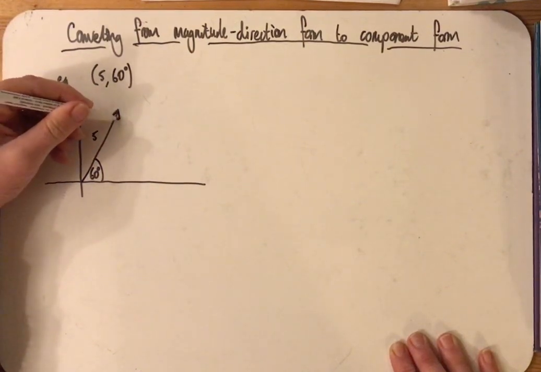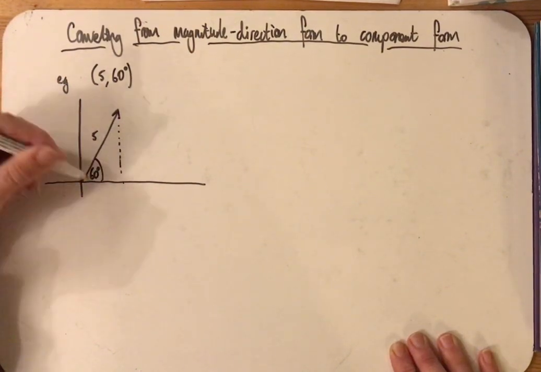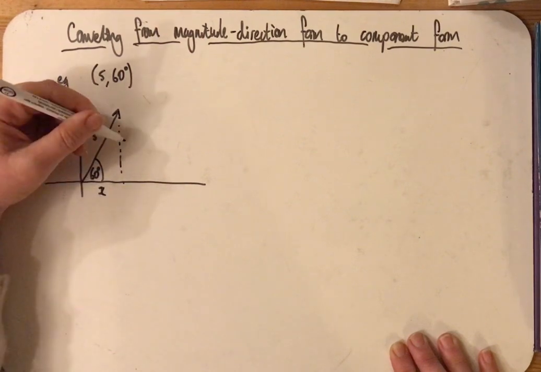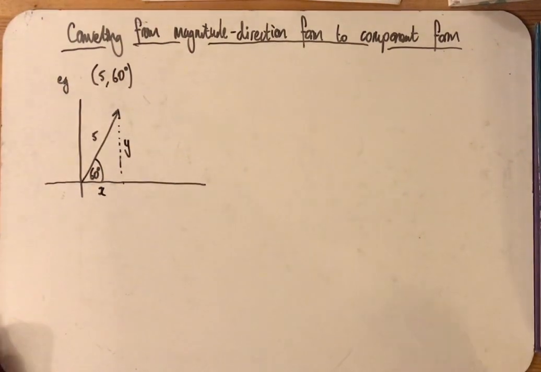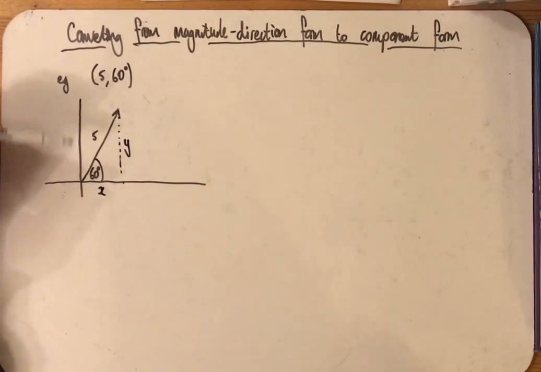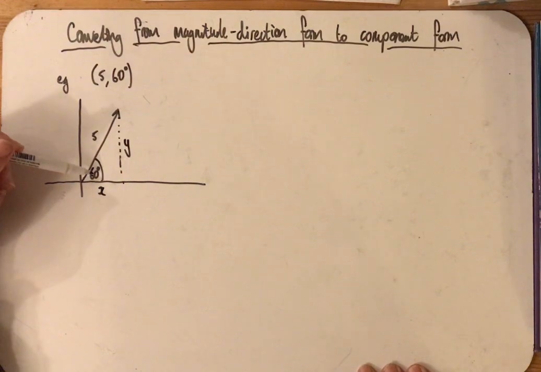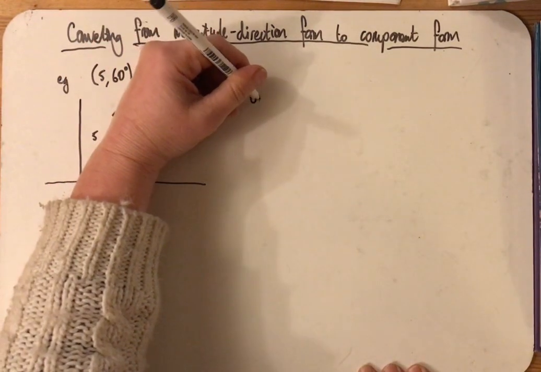And if we wanted to write this in component form, that's x and that's y. If you're used to resolving forces, this is just going to seem really straightforward, but I'll run through it. So cos of 60 is adjacent over hypotenuse.